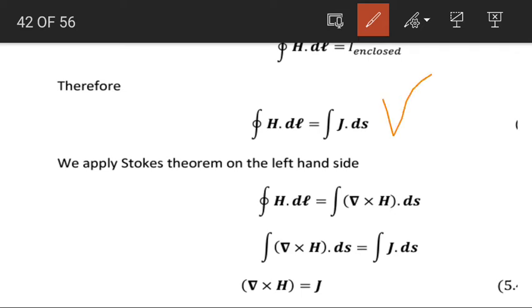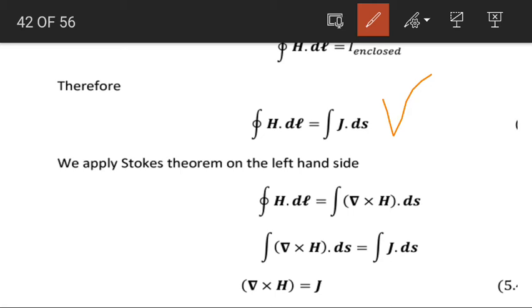The closed path integration of the magnetic field intensity will be equal to the integration of J dot ds. In other words, the integral of the magnetic field intensity around a closed imaginary path will be equal to the current enclosed by the closed path, and the current enclosed by the closed path is the integral of J dot ds.